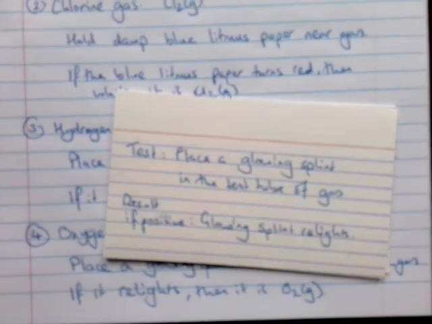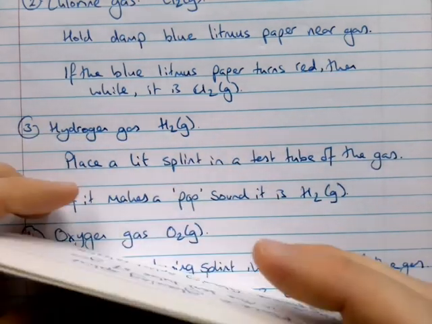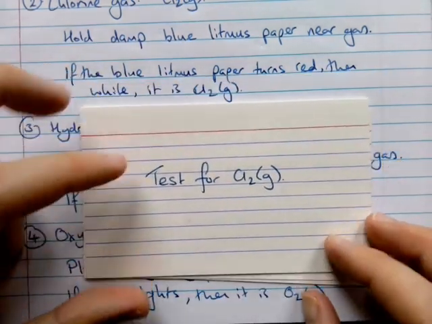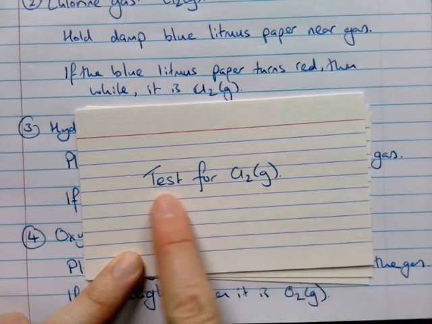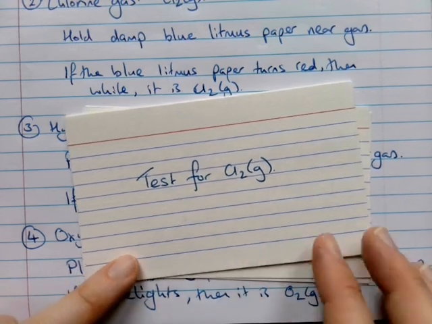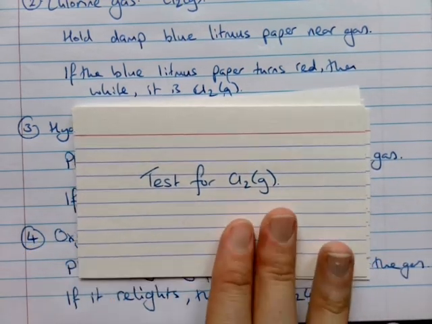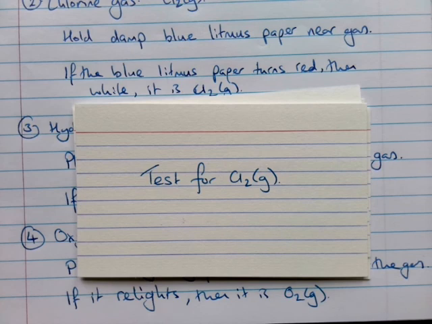flashcards. Okay, and remember, the way you do that is you take the flashcard, okay, and you look at one side, test for chlorine gas, and then you have to say out loud, or you have to get someone else to test you on it, or you need to write it down before you turn it over, test for chlorine gas. Okay, well, the test would be damp blue litmus paper turns white.